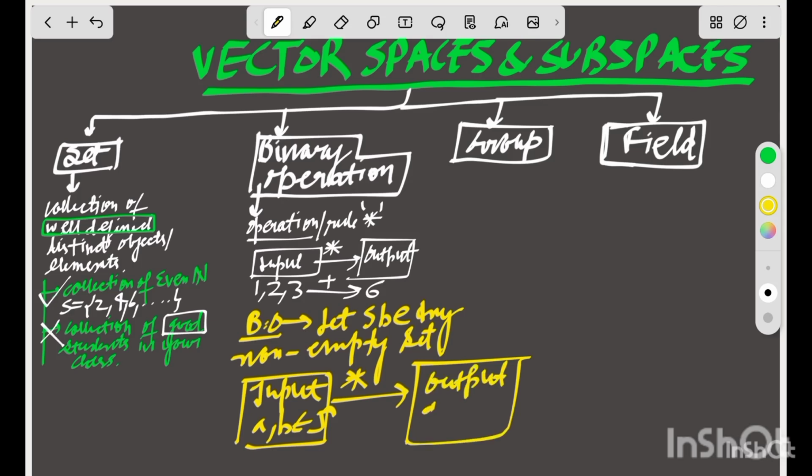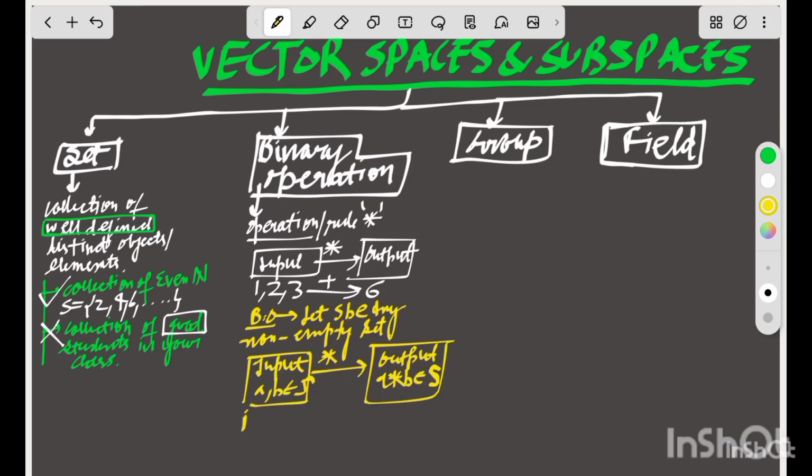Output is when A and the B are operated, the resultant should also be in the same set S. Then the star operation is called the binary operation. That is, for all elements belong to the set S, when we operate them, the result should belongs to the same set S.